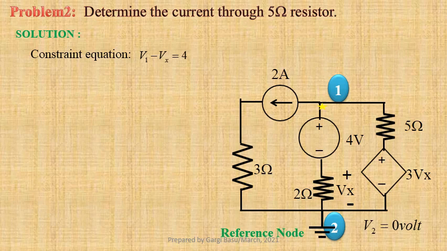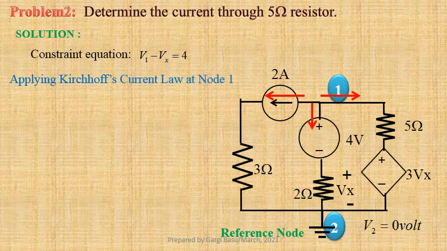Let us assume that currents at node 1 are leaving the node. Now, applying Kirchhoff's current law at node 1, we get (V1 minus 3Vx) divided by 5 plus (V1 minus 4) divided by 2 plus 2 equals 0.